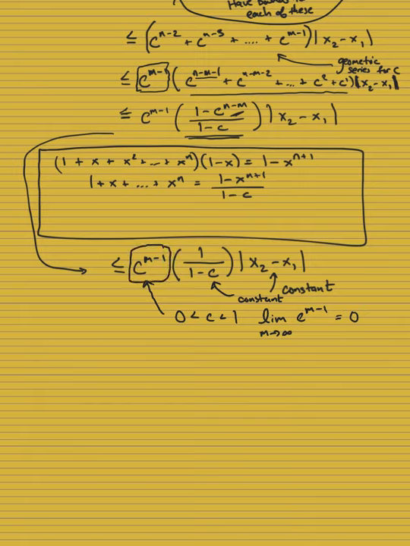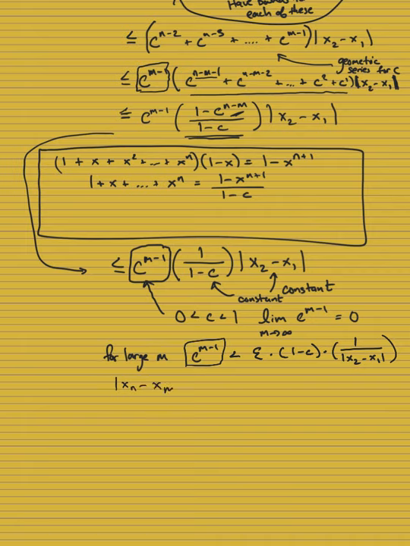So in particular, for large m, I can make c to the m minus 1 less than epsilon times, I just cancel everything out, times 1 minus c times 1 over x2 minus x1. And this calculation now, for choosing this m, shows that I get xn minus xm is less than epsilon. All right, so that's the proof. That shows it's Cauchy.